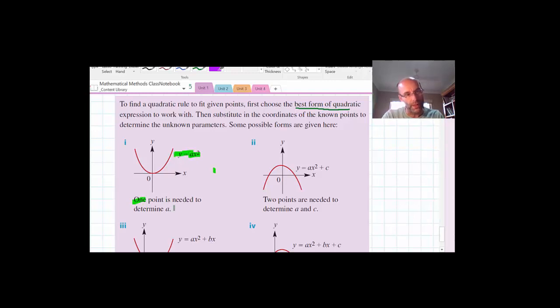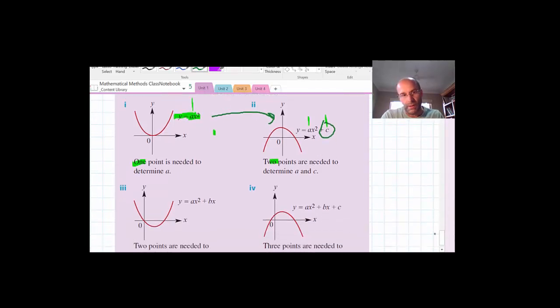To quickly summarize, if you're given something like this, the first one we did, you just need 1 point plus the form, and you can get A, and therefore you can determine the rule. Basically, if you're in this form, you need 2 points because you need to determine A and C. You can see that these 2 here are very close.